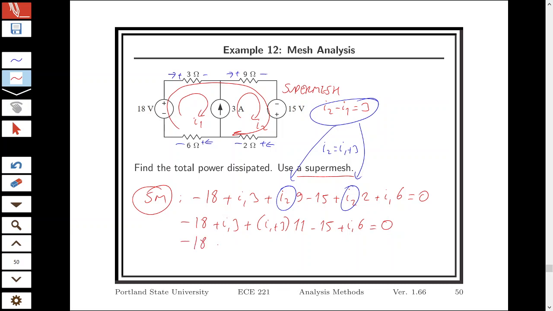Minus 18 plus I1 3 plus 3 times I1 plus 33 minus 15 plus I1 6 equals 0. So if you simplify, you have 20 I1 equals 0, I1 equals 0, right?